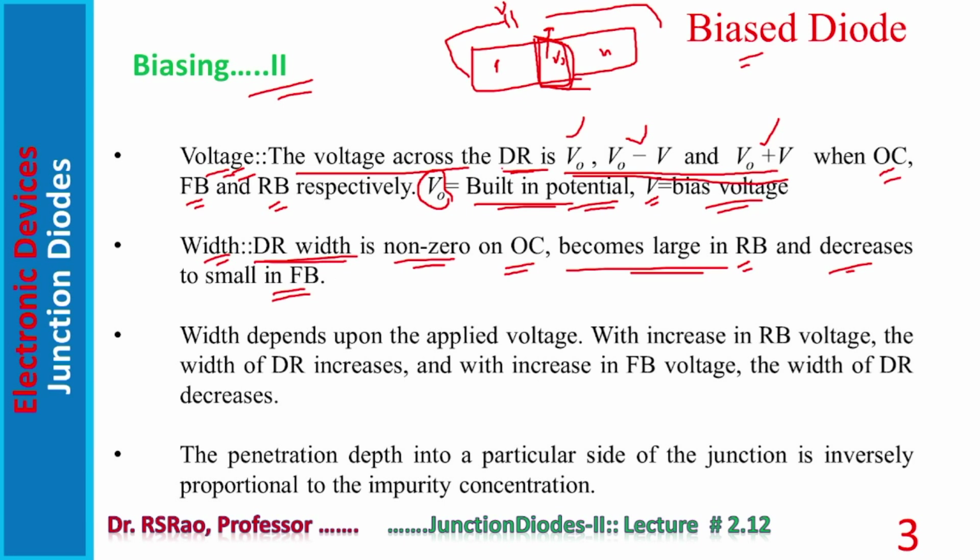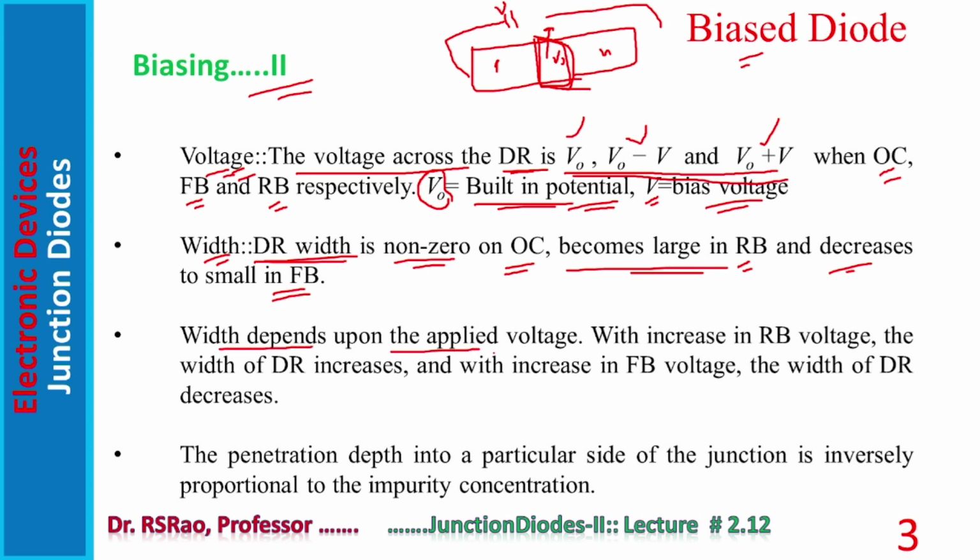So the width of the junction region varies with the applied voltage. Voltage across the depletion region varies with the applied voltage and type of bias. In the same way, the width of the junction region or depletion region also varies with voltage and type of bias.